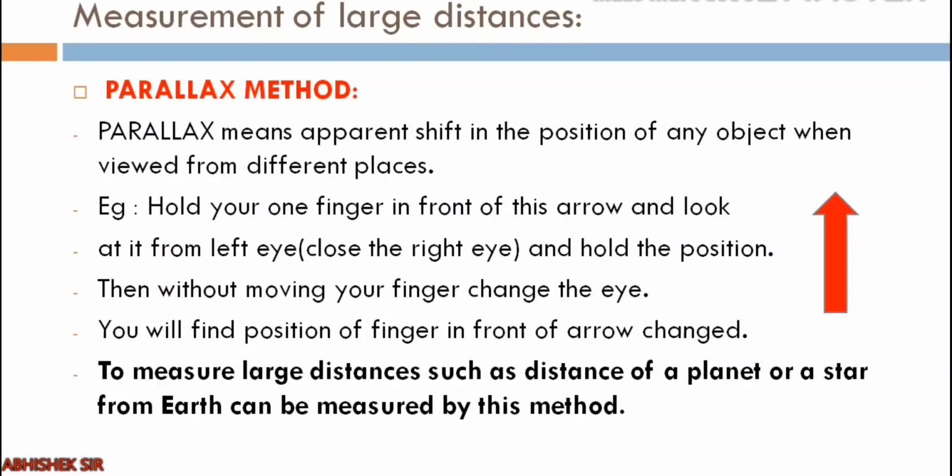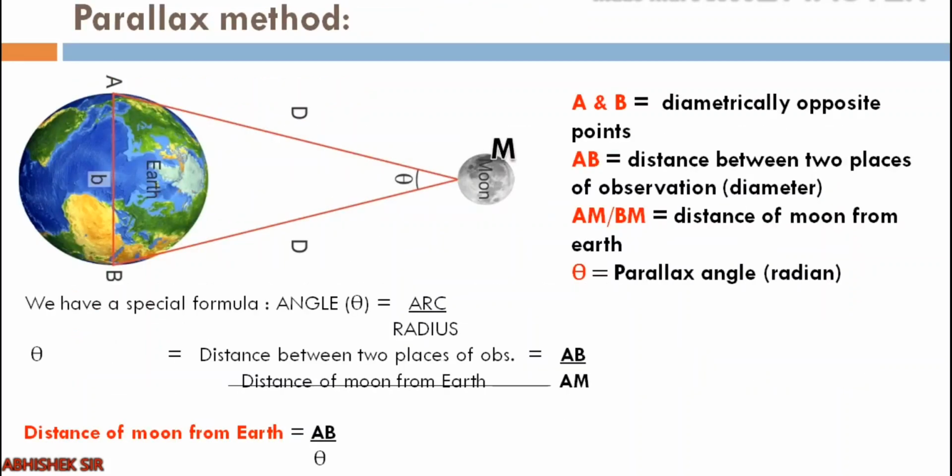Now how is it possible, let us see. So this parallax method, you can see earth and moon, right? And a few diagrams are added, like you see two different places, namely A and B. On the right hand side I have given the information.